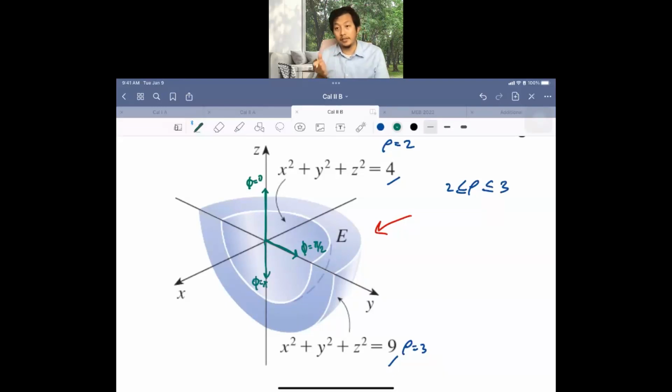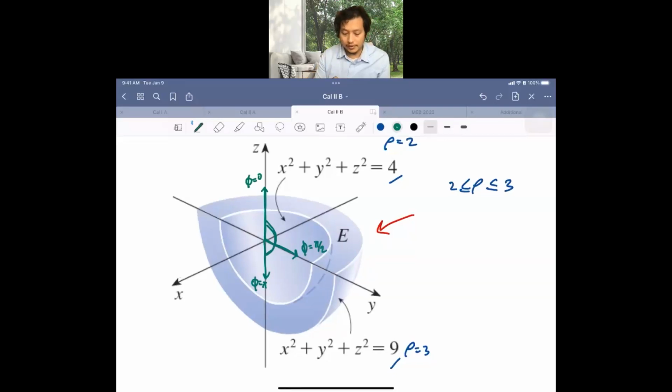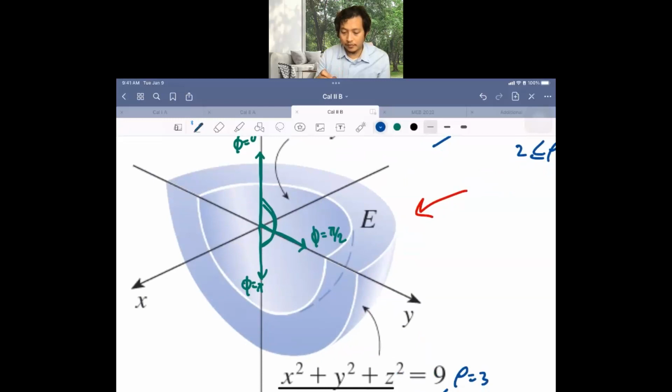We have only until pi, because this phi will have another rotation for theta. I hope you understand my words, this is the angle here. So according to what we have here, phi is from pi over 2 until pi.